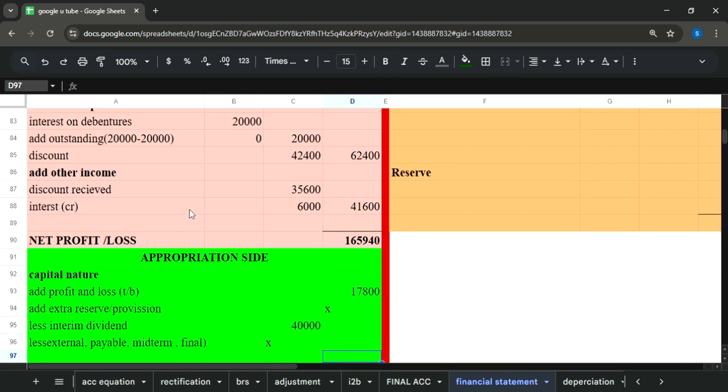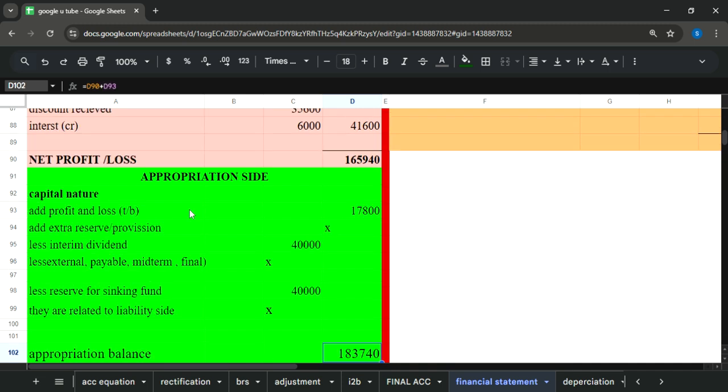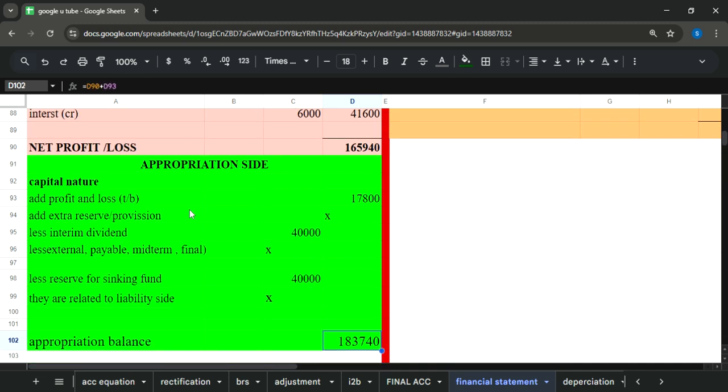Now finally we will be calculating our appropriation balance. For this you will have to be very attentive. Note, net profit and profit loss would be added. Note it carefully.